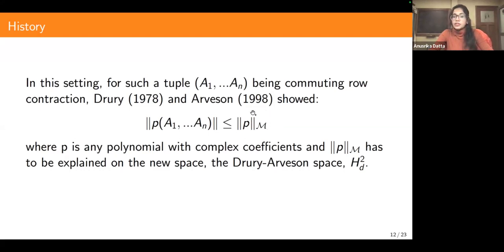Here we have a norm that should be explained on a new space called the Drury-Arveson space, and I'm going to explain that in a bit. For now, just be assured that this inequality holds on this space. And these polynomials are any polynomials with complex coefficients, so we can have n or more than n variables.